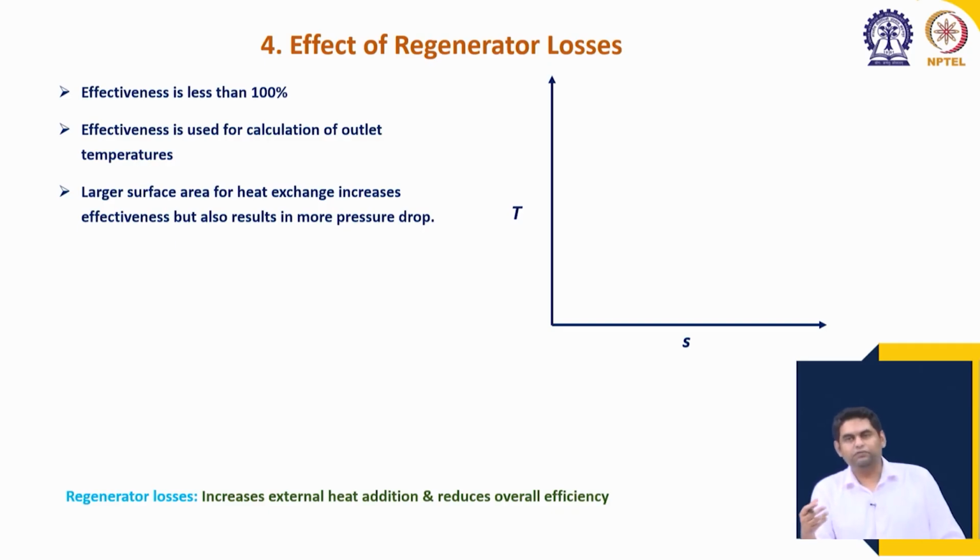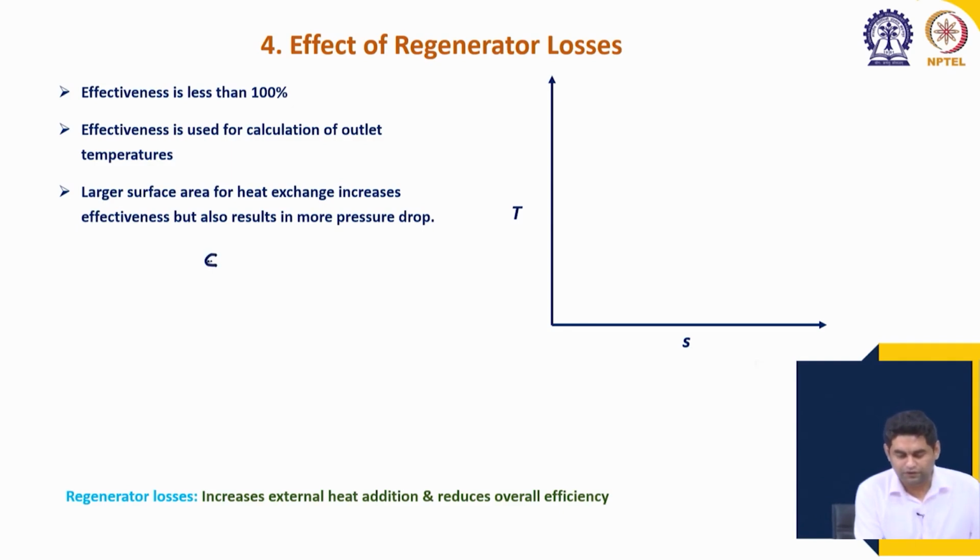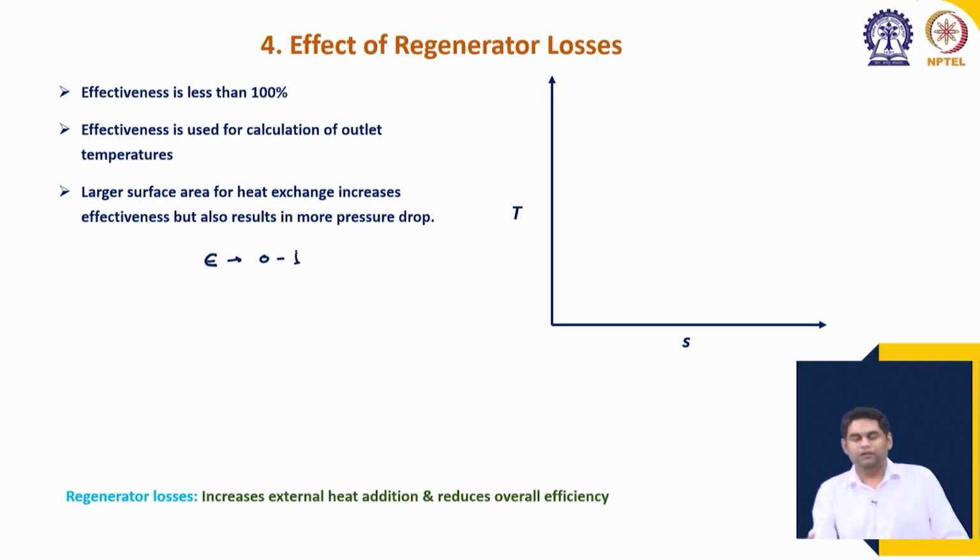We have already defined a parameter called effectiveness, which has a value between 0 and 1. It was defined as the actual temperature rise divided by the theoretical maximum temperature rise possible. We will draw that and confirm it again.